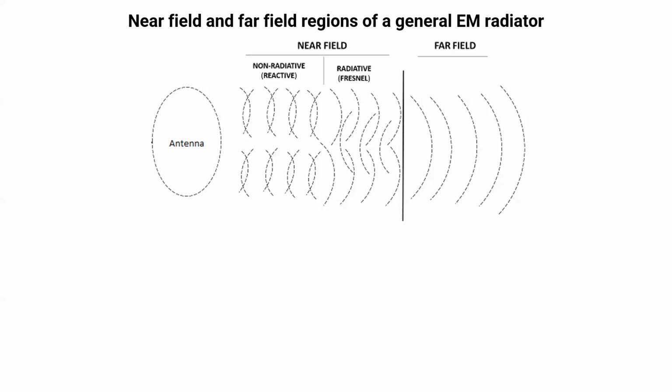And for more complicated systems, I can consider a system of dipoles, or a more complicated system consisting of many elements, the general rule stays the same. The far field depends on distance as 1 over r.